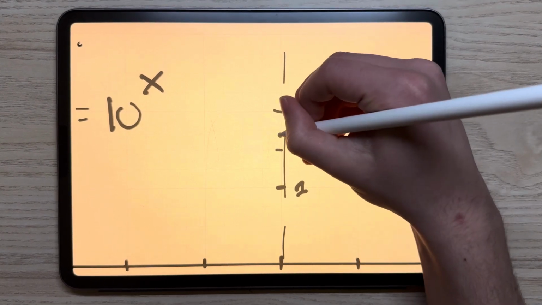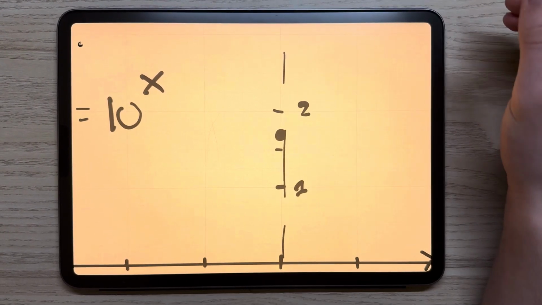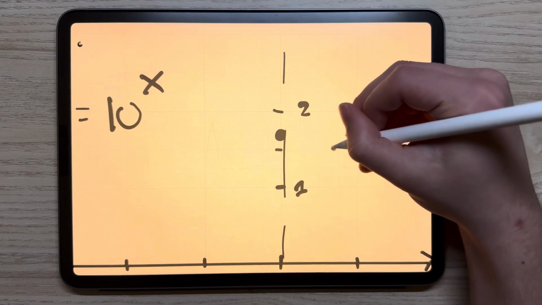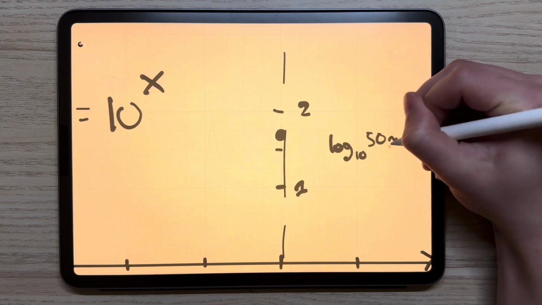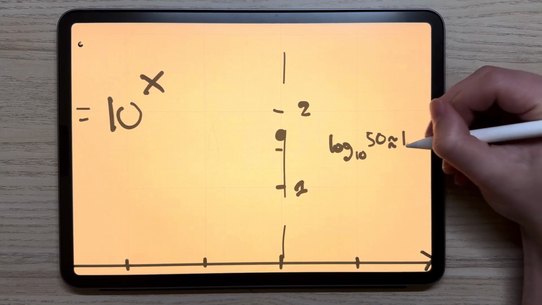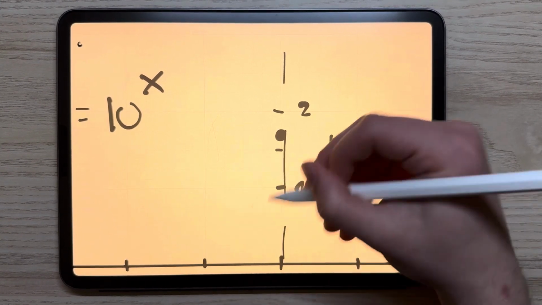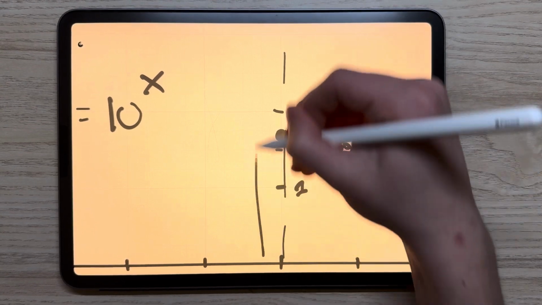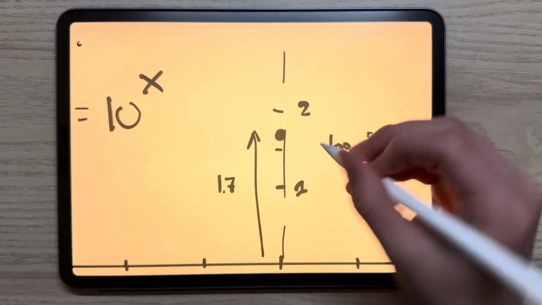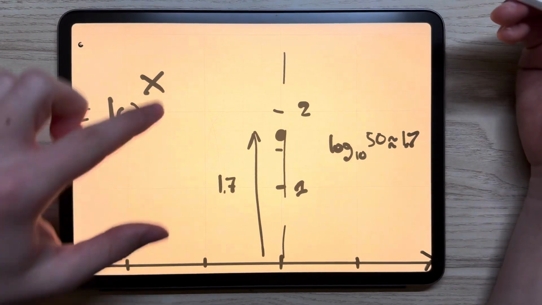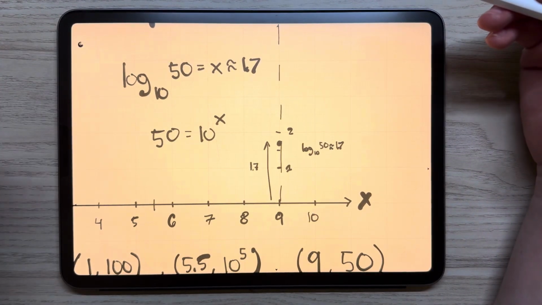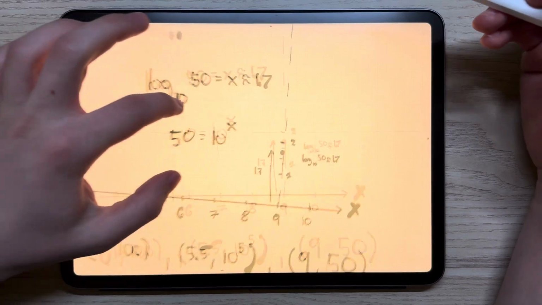It's actually a little bit above that, because log base 10 of 50 is approximately 1.7, and that is about 1.7 up from the bottom.